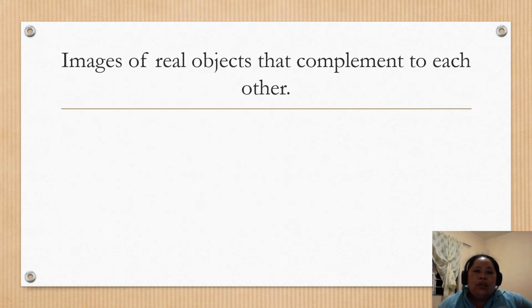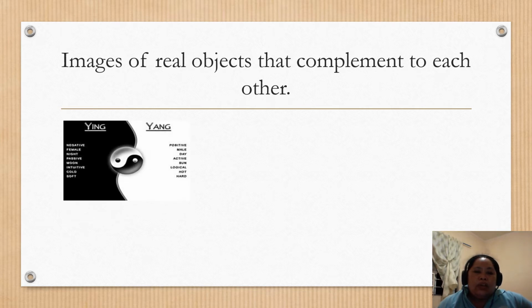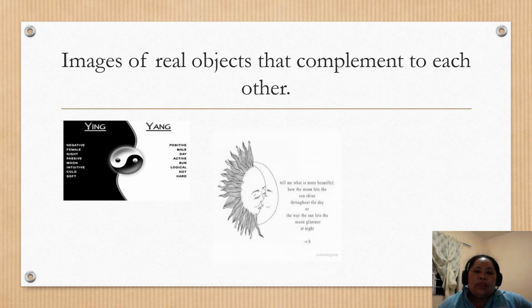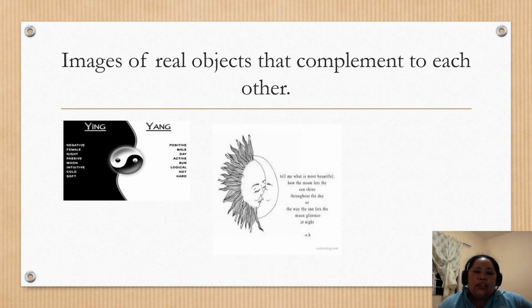Now we have here images of real objects that complement each other. Of course, we have yin and yang. Yin is negative while yang is positive. They always go together. Of course, the sun and the moon. In order for them to create stars, they have to go together.